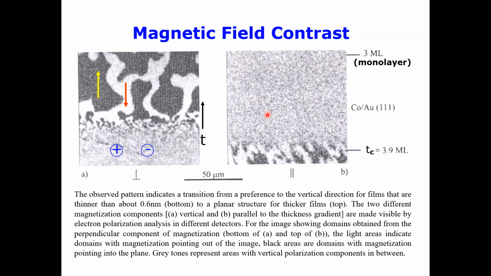The brighter ones are domains pointing out of the image, and black areas are the domains with the magnetization pointing into the plane. The gray tones, which you can see at the top of figure A and at the bottom of figure B, represent areas with the vertical polarization components and between.